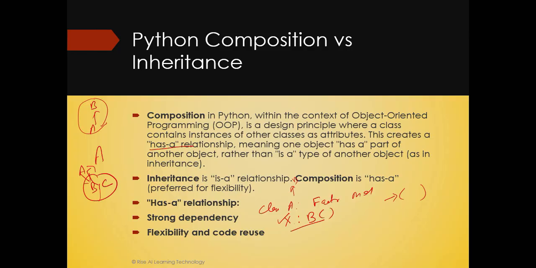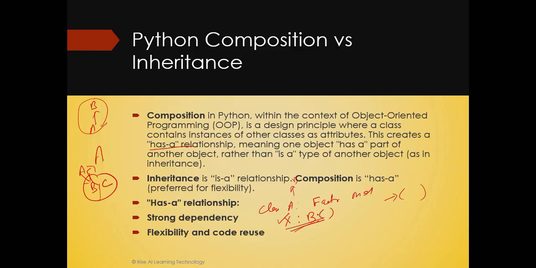But the difference here is that I am not creating another type of this. I am just creating one object of that. We will see more examples on this, but at a high level I am saying that we can use the functionality of another class by creating an object of it.